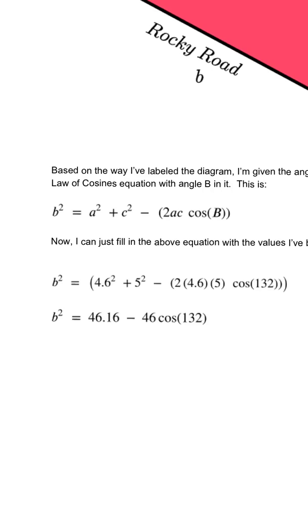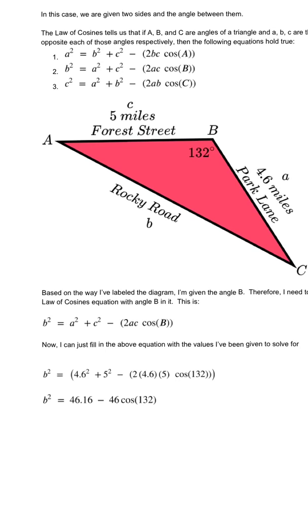So if we do 4.6 squared plus 5 squared, we're going to end up with 46.16. And then if we do 2 times 4.6 times 5, we get 46. And then we're going to bring down the cosine of 132. So one thing I want to point out here is to simplify the right-hand side of the equation, we can't just do 46.16 minus 46.